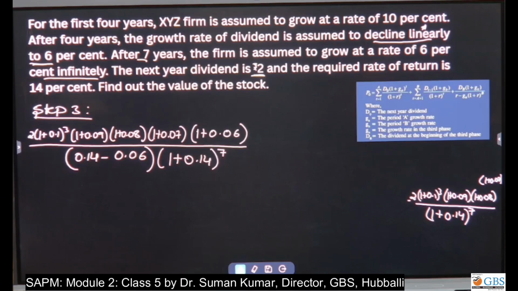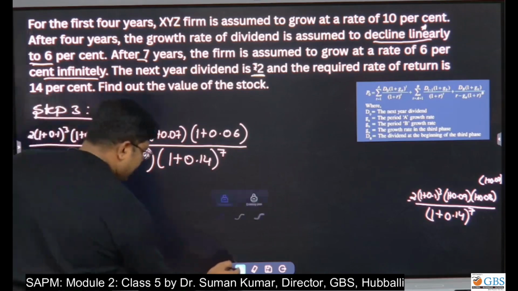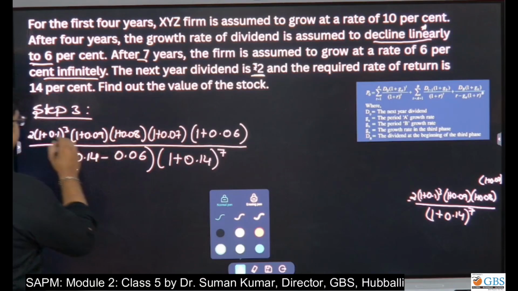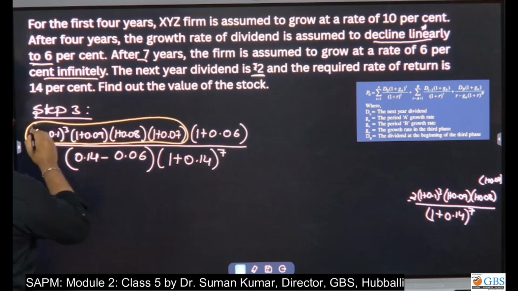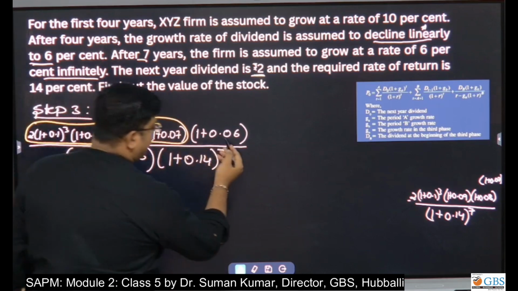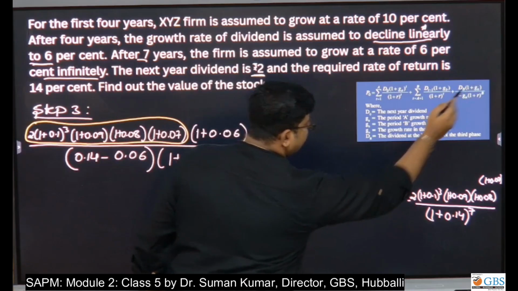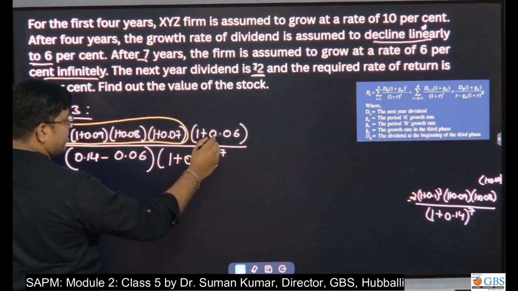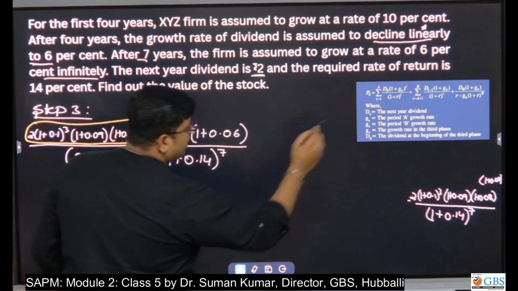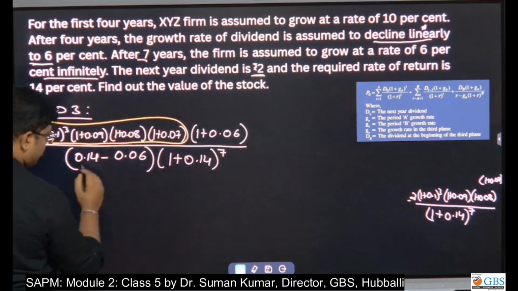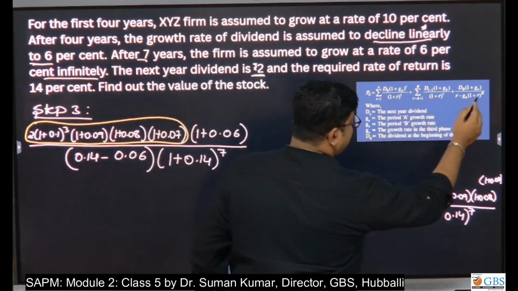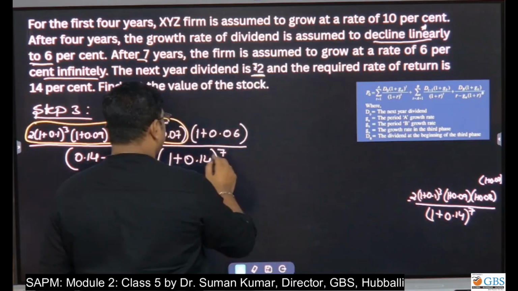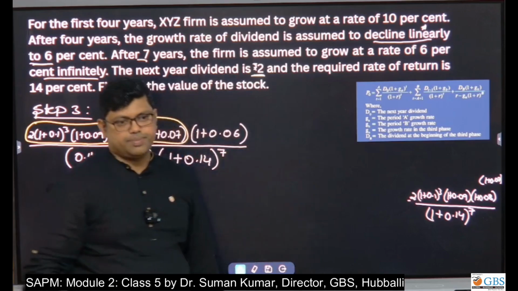Up to this part I'll tell you once again: this is the dividend of the previous year, and this part is 1 plus g_n, right? That is R minus g_n, these two. Then the last (1 plus R) raised to B, that is for the 7th year onwards.